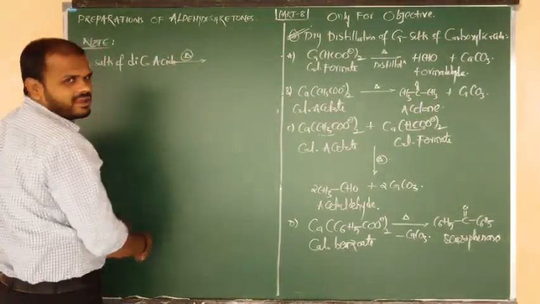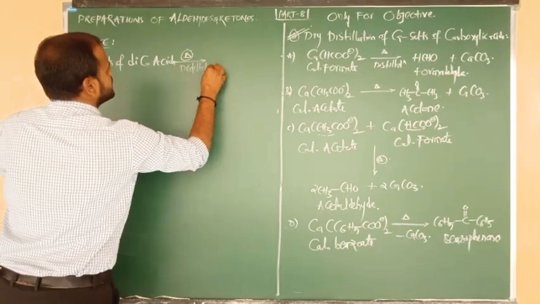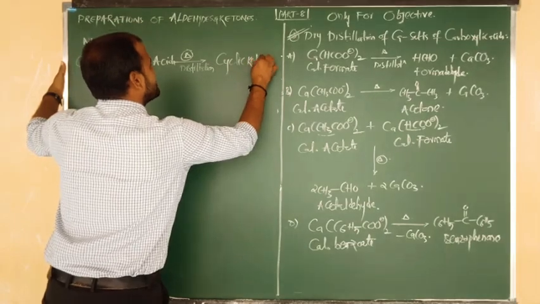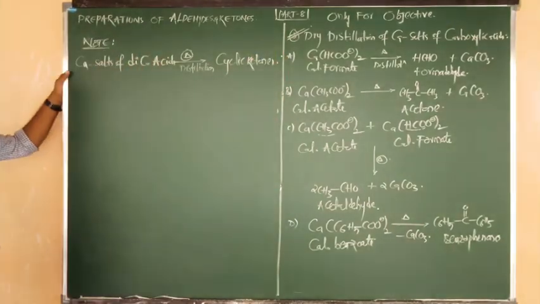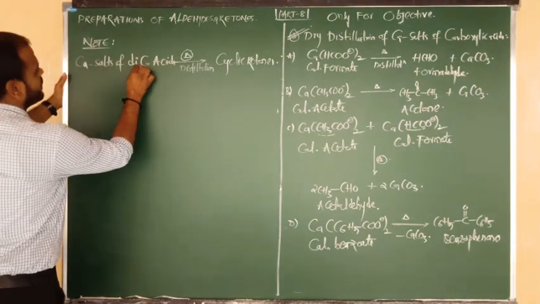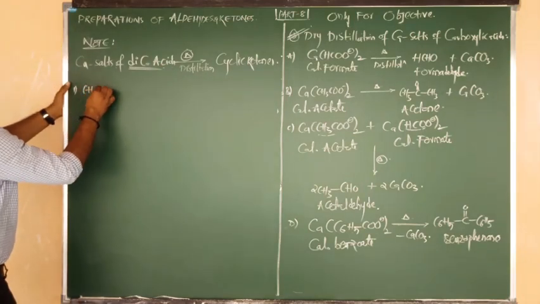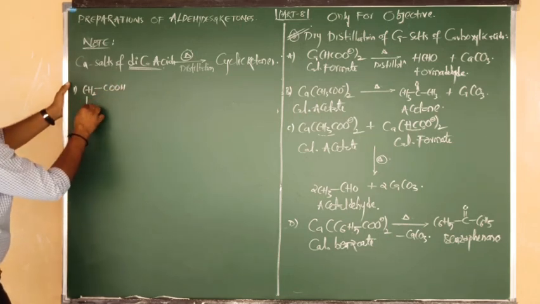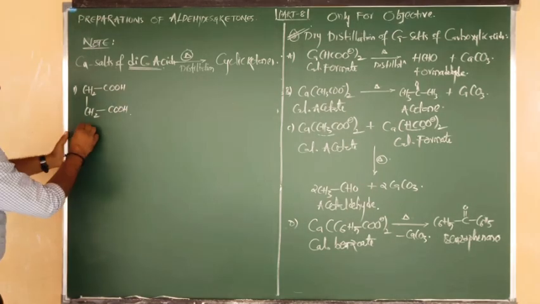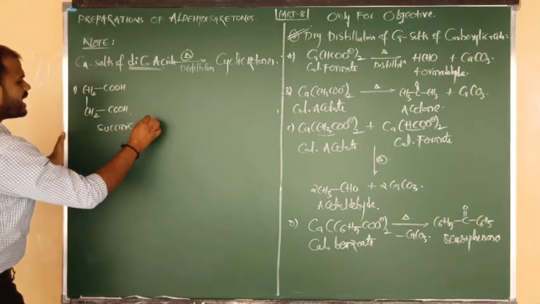Calcium salts of dicarboxylic acids, again same thing, upon heating undergo the process of dry distillation, and the product formed is cyclic ketones. What is the formula of cyclic ketone? Let me first write one example of a calcium salt of dicarboxylic acid: CH2COOH, CH2COOH, and you know this compound, succinic acid.